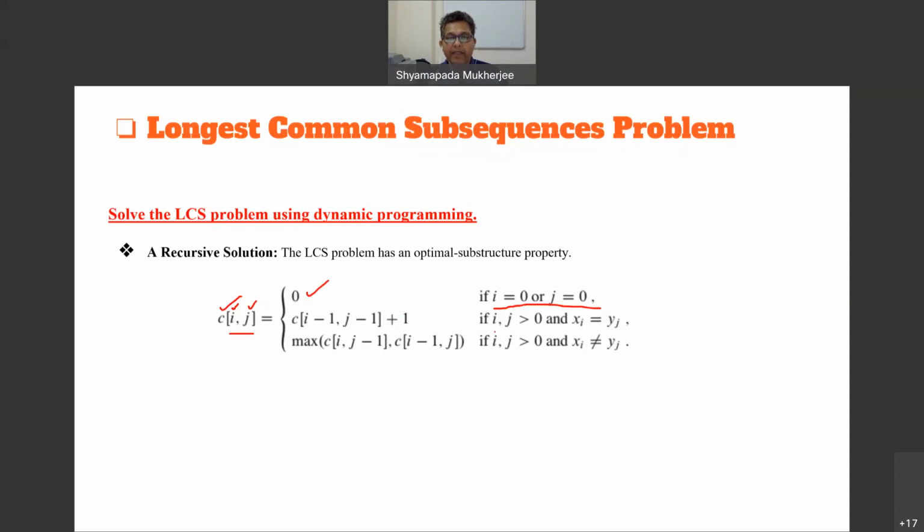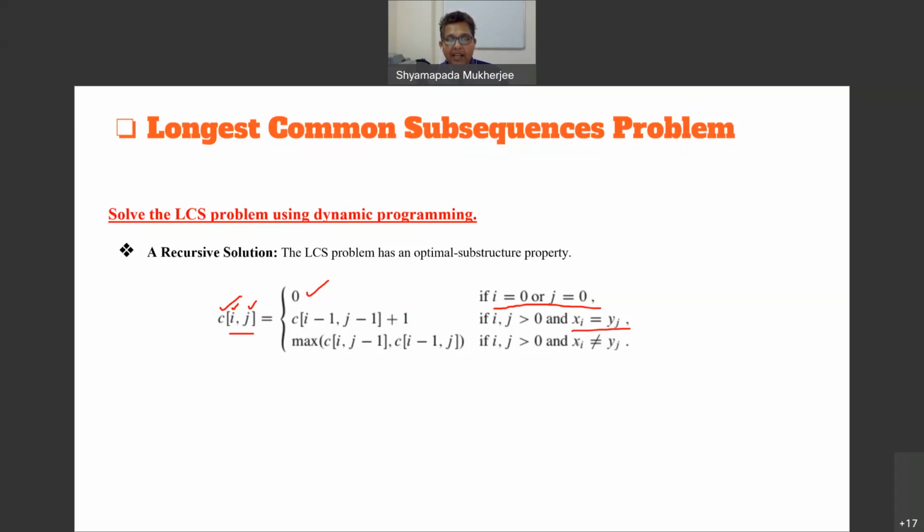If i and j are both greater than 0 and Xi equals Yj, that means the last elements of the two sequences we are considering are equal, so they are part of the longest common subsequence.